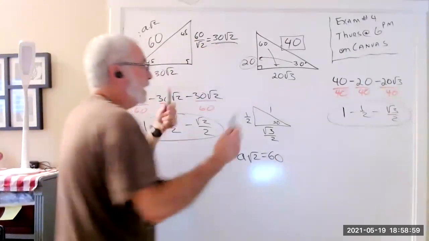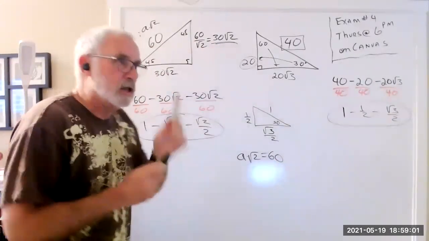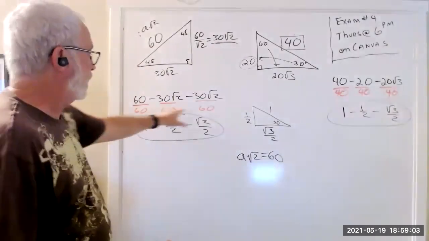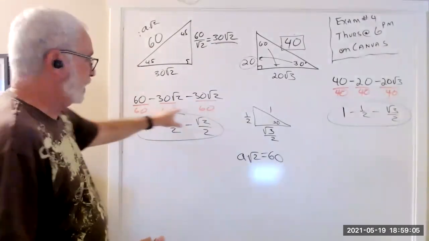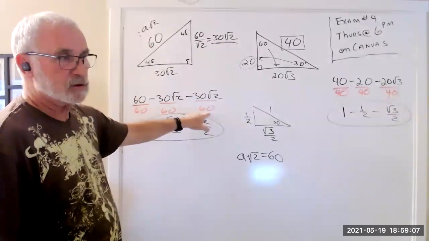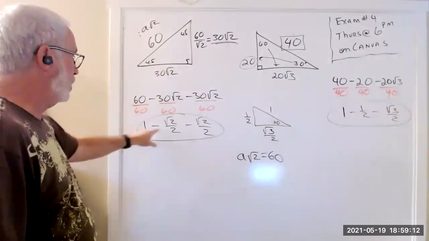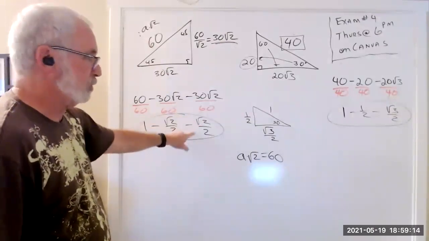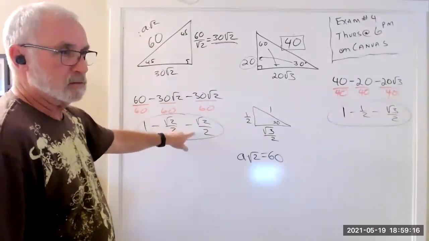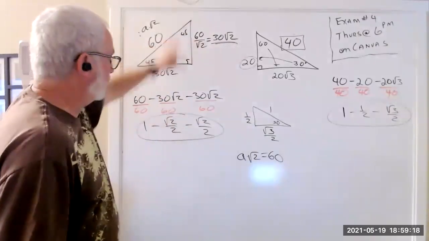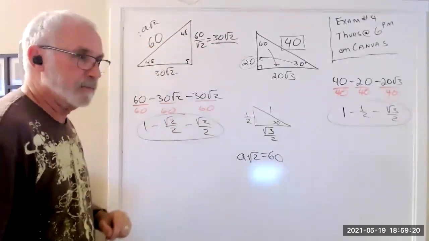Everybody gets a different answer until each one of you divides by whatever your hypotenuse was. Then all of a sudden we get square root of 2 over 2, square root of 2 over 2. And unless you made a mistake up here, everybody should have gotten that.